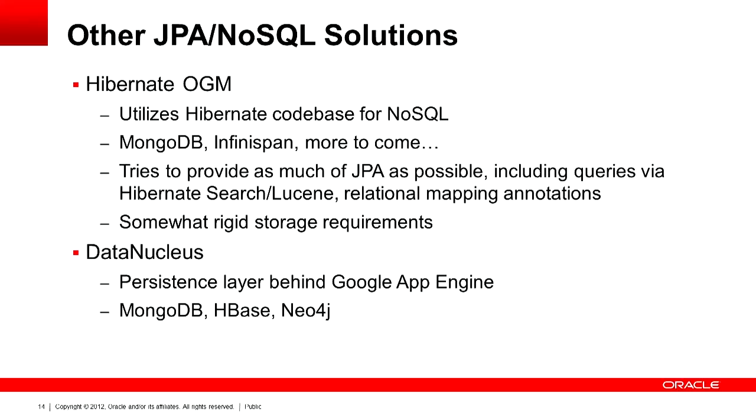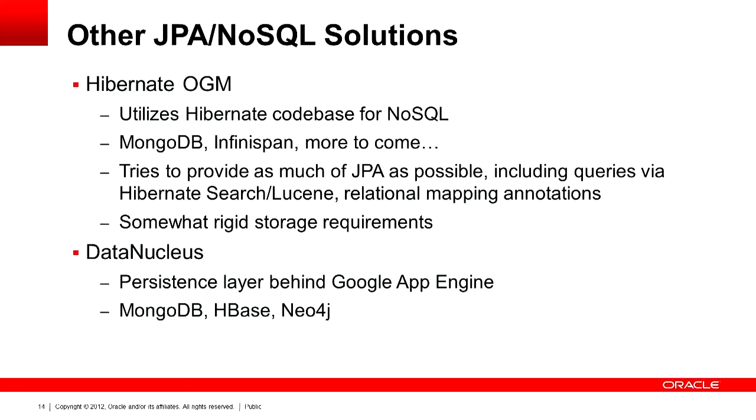It even goes to the extent where, for NoSQL databases that don't support queries, it creates its own native index and indexing tables in Lucene, and that's how it allows you to do queries even with something like a simple name value pair database.